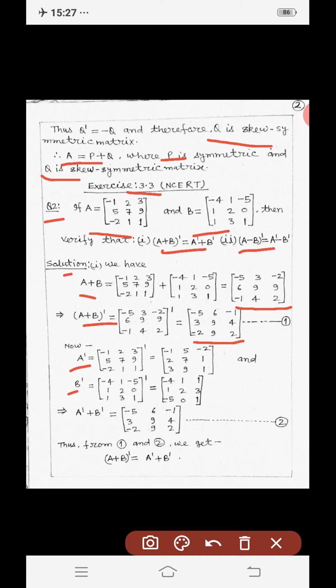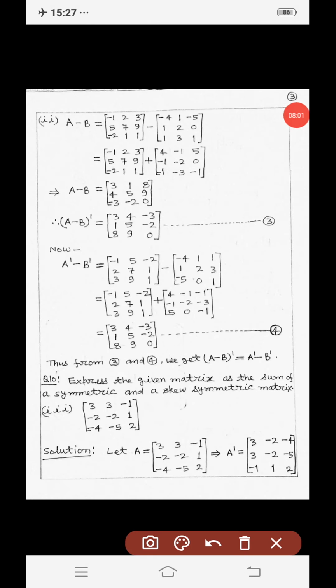This implies that A transpose plus B transpose equal to [-5, 6, -1; 3, 9, 4; -2, 9, 2]. Here we add the corresponding elements of matrix A transpose and B transpose. Thus, from 1 and 2, we get (A plus B) whole transpose equal to A transpose plus B transpose.